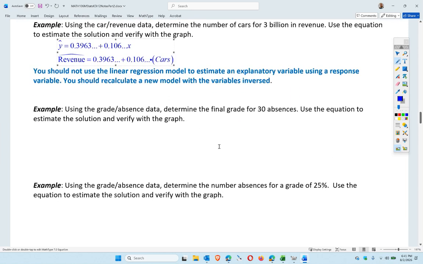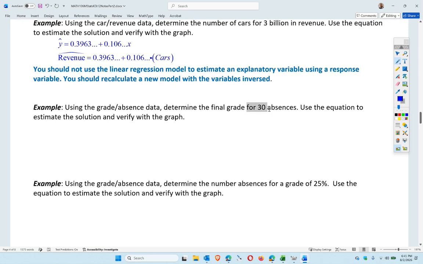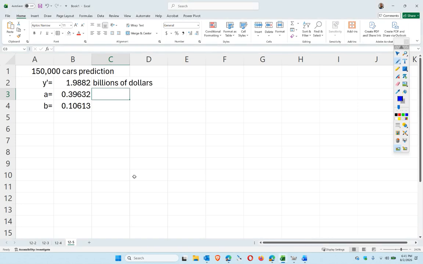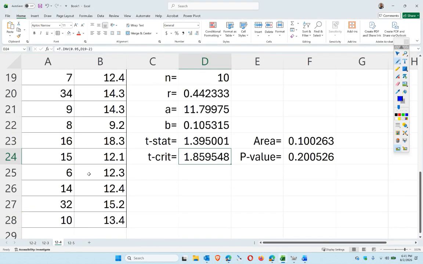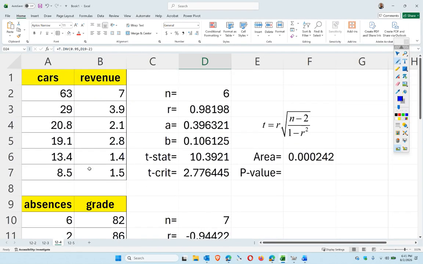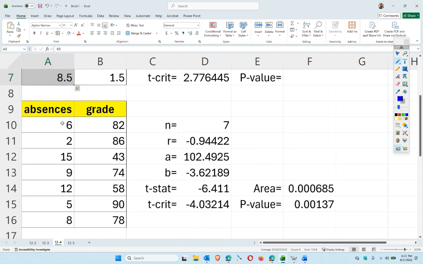Okay, so the next one is, what about 30 absences? Interesting. Well, if I look at my data set, absences, where is it here? Here it is. I'm sorry, this is the absences. 30 absences is way outside the data set. This goes from like 2 to 15.